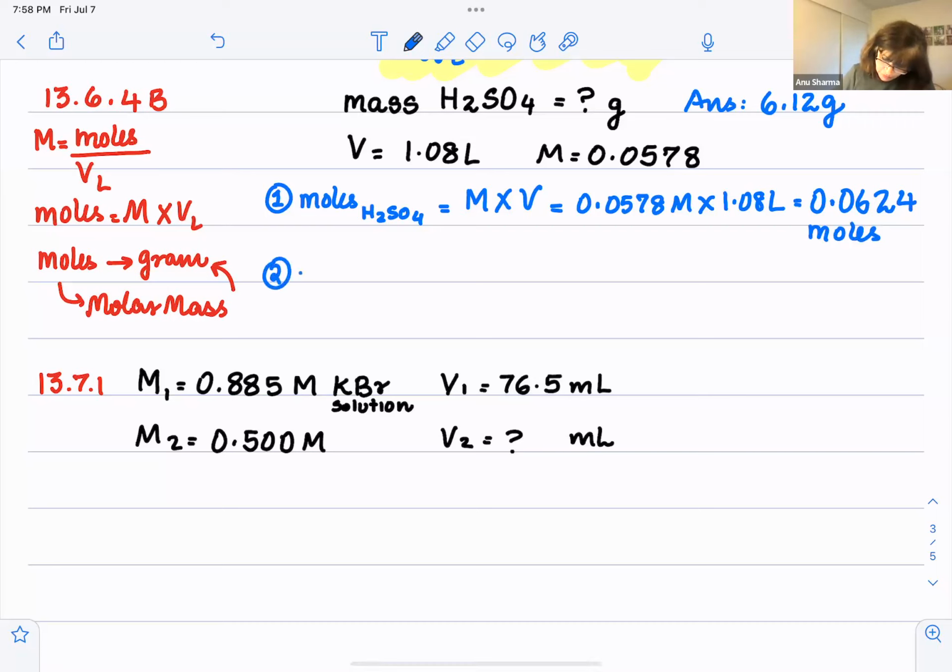Next, you're going to take the moles of H2SO4 and convert them to grams. Moles to grams.